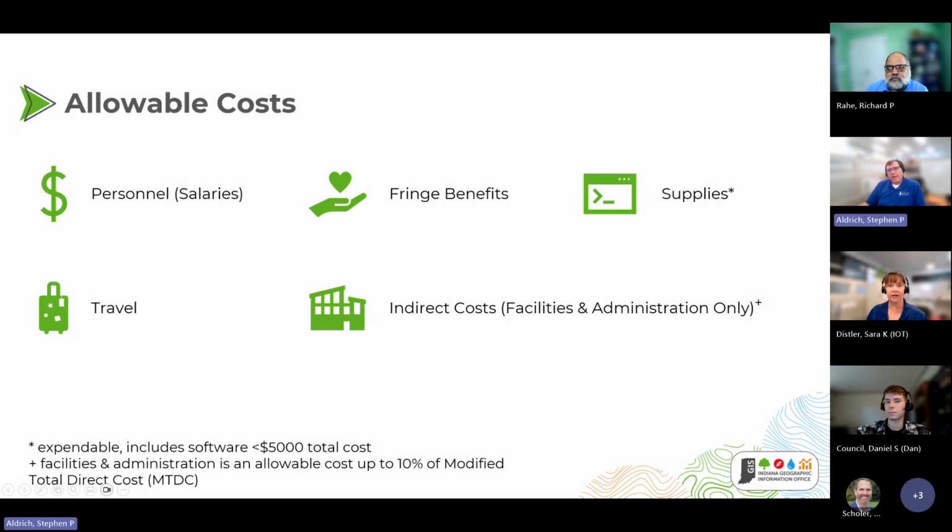I would jump in here and add that the allowable costs also do include some travel, but the travel has to be directly related to the grant itself and essential for the success of the grant. So, keep in mind travel might be acceptable.